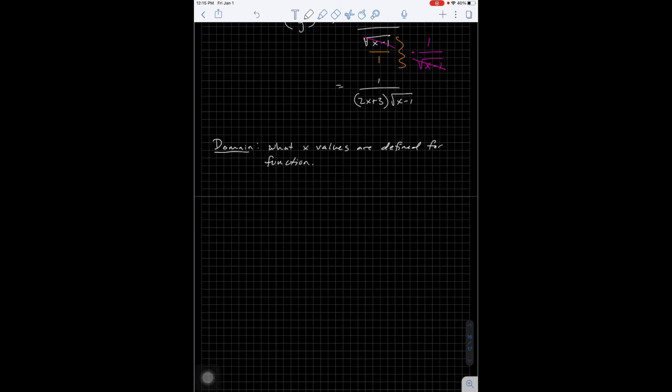So, for example, just something from Algebra 1, you get something like a square root function that's shifted right 3. This is f of x equals the square root of x minus 3. That's the equation of this function. If you'll notice, this is not defined for all x values.